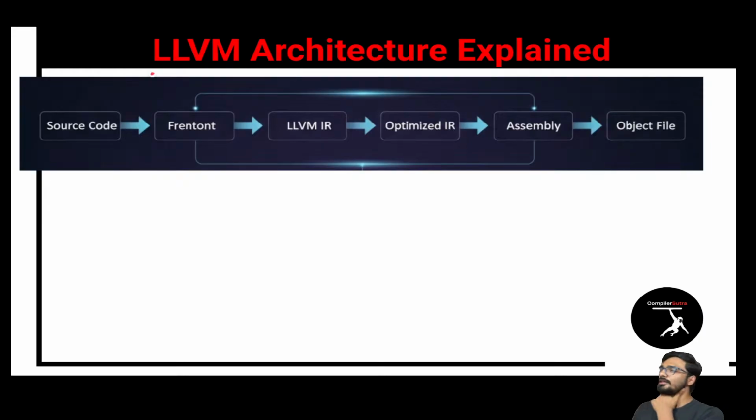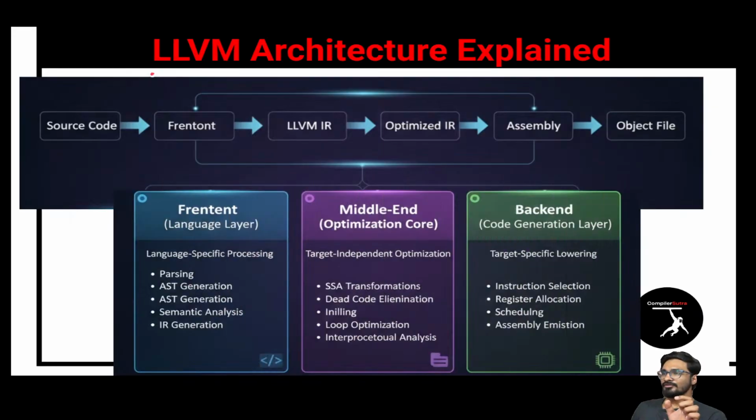This optimized IR is given to the backend. The backend generates the assembly, and we get the object file. The part from source code to LLVM IR is called the front end, from IR to getting MIR is called the middle end, and from MIR to the target specific lowering we are doing, such as generating assembly.